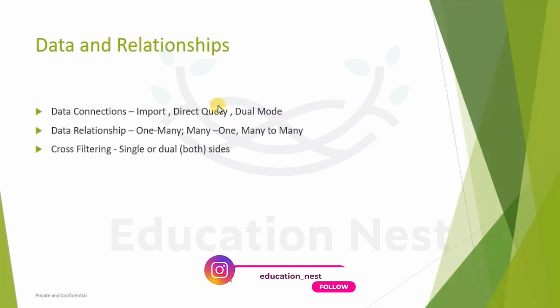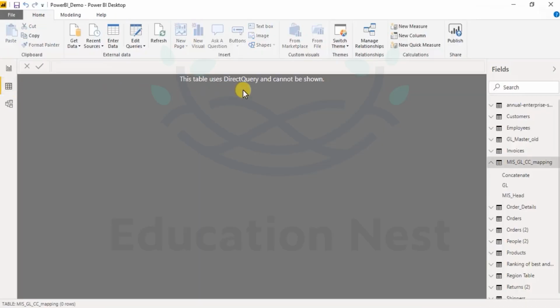Direct query is no data imported, like we saw over here. If I go back to the table, the direct query table is not shown because zero data is imported from that table. It's only the table and the relationship driven outside it.